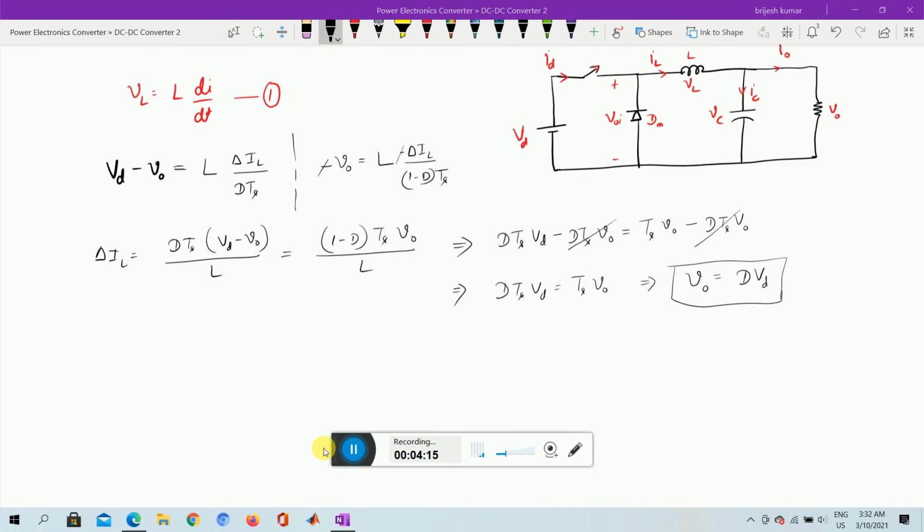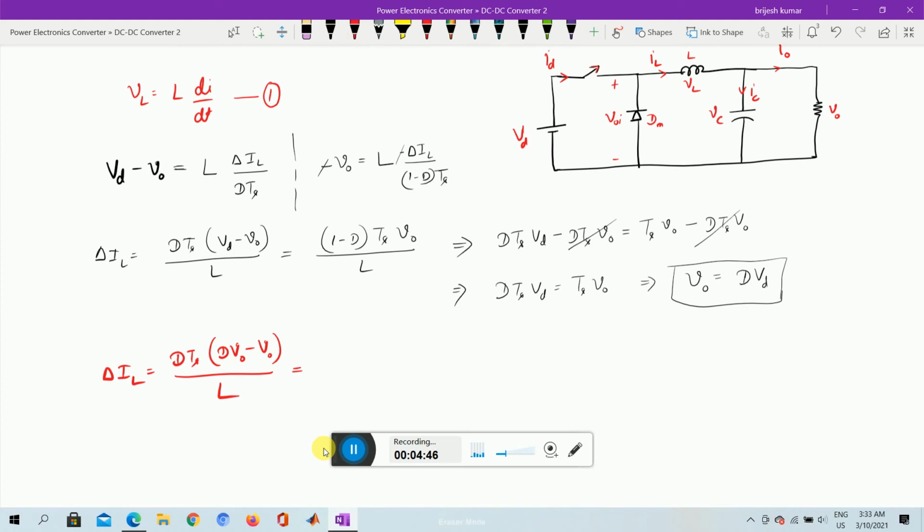Also we can write here delta IL is equal to d times Ts, Vd minus d times Vd by L.